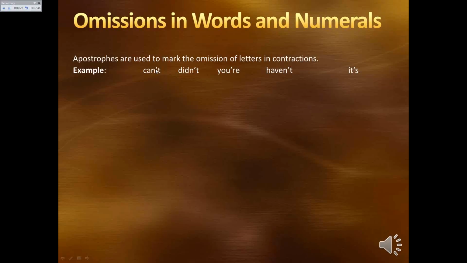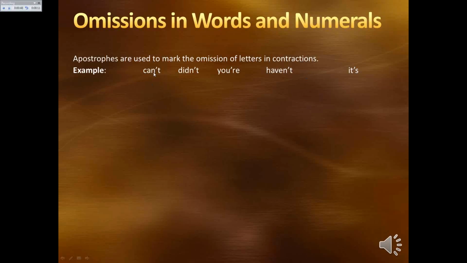And the apostrophe, by definition, shows where the omission of the letters occurs. Look at this one. Did not. The apostrophe shows where the O is missing. You are, you're. The apostrophe shows where the A is missing. Have not. The apostrophe shows where the O is missing. It is. The apostrophe shows where the I is missing.